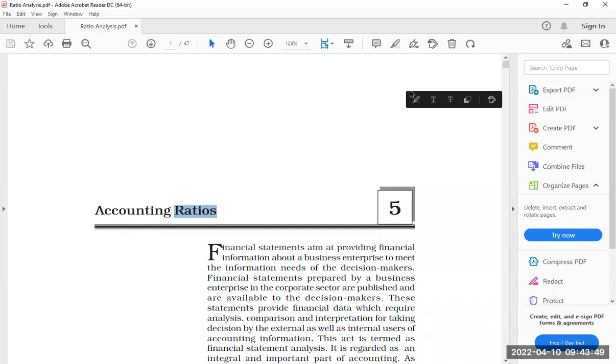Okay, come back to the discussion of today, that is financial statement analysis. So I was just telling you before, we have prepared financial statements, that is the profit and loss account and balance sheet, according to the Indian Companies Act 2013, if you are a company form of organization. Now it is the duty of an analyst, an investor, an academician or a researcher to analyze the performance of the companies.